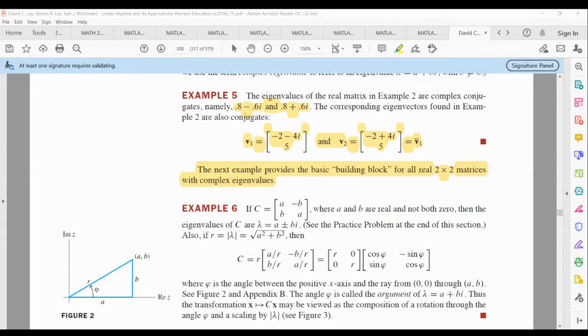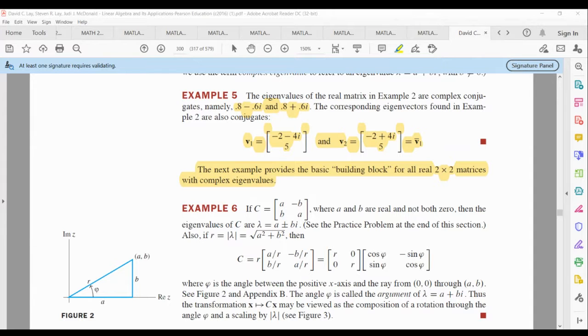Okay, so what they do is they have a matrix C that consists of those entries. So in example 6, look at the entries there.